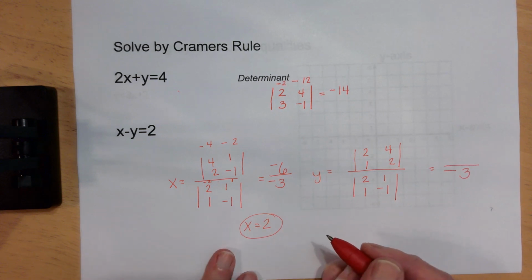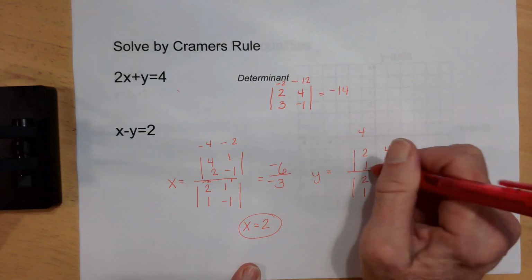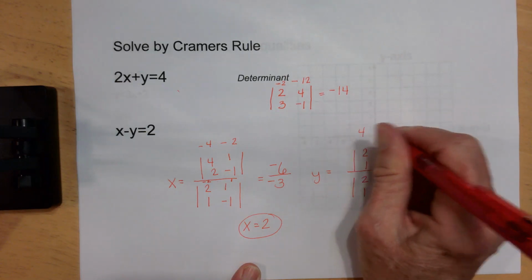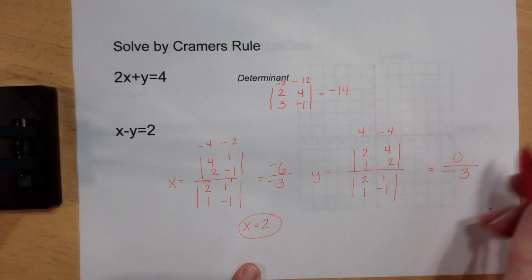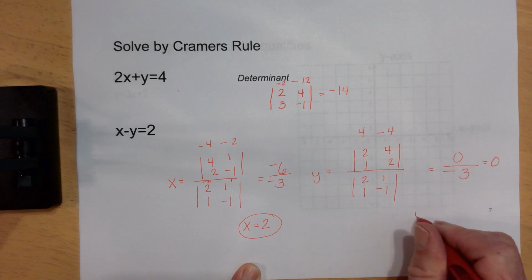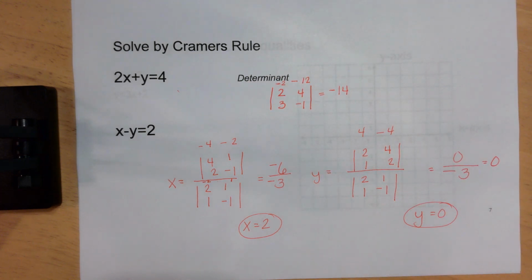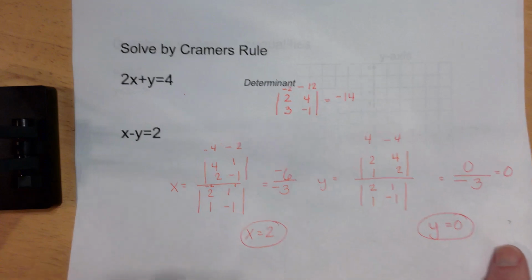Not a big surprise. We already know that by graphing, substitution, and elimination. This is a 4, and this is a 4, so I have 4 minus 4, which is 0. Remember, if 0 is on the top, then your answer is 0. So y is equal to 0. So same answer, but I did it 4 different ways. And so you need to make sure you know how to do it all 4 of those ways.